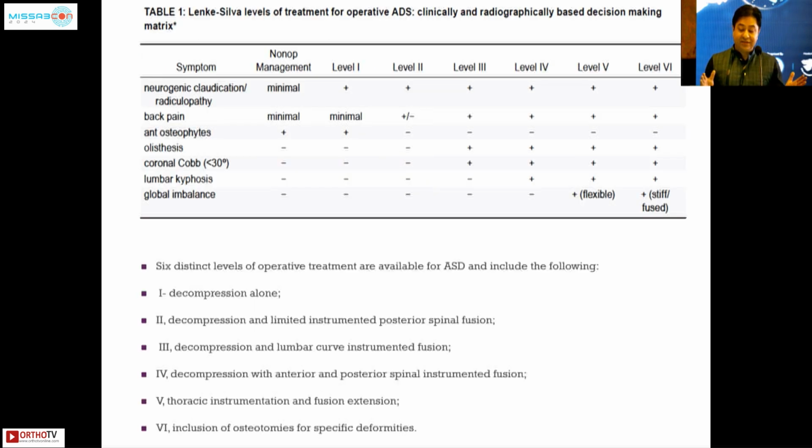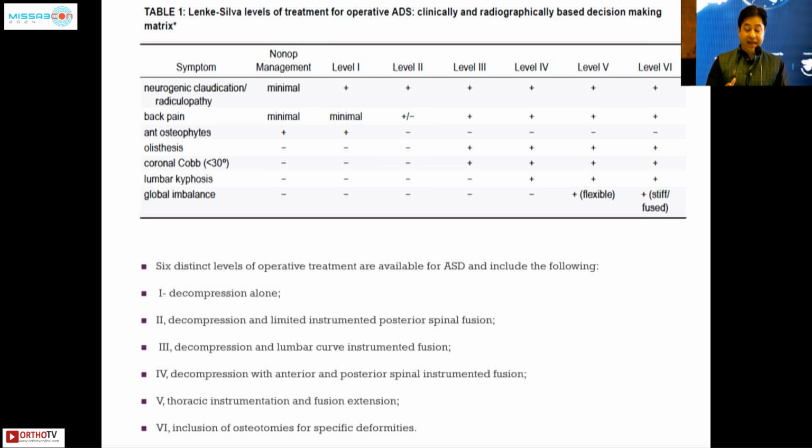And this is one of the famous classifications which tells you how to go about these cases when you are doing adult degenerative scoliosis. Now they have grouped these cases into levels from level 1, 2, 3, 4. So as the level of problem increases, so does the type of surgery you do.